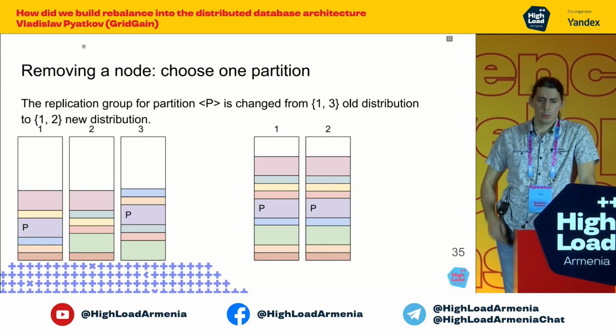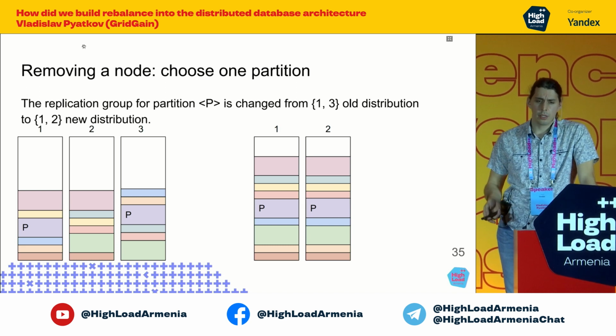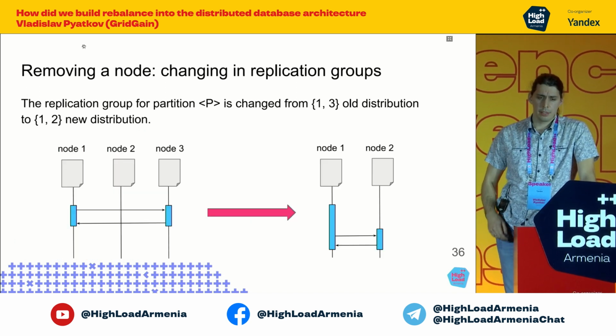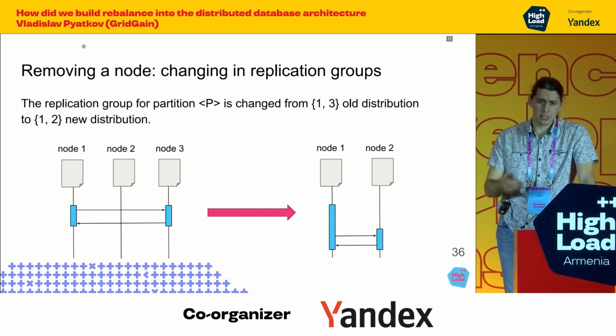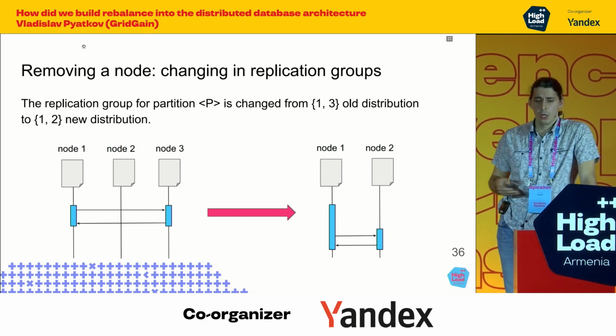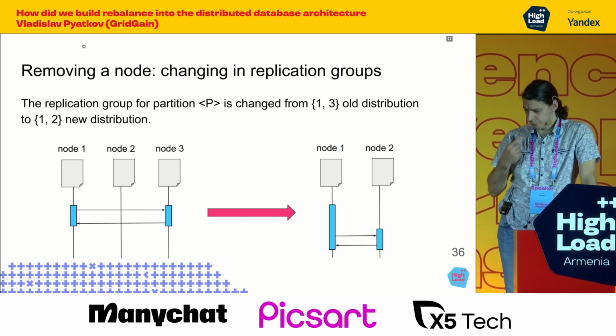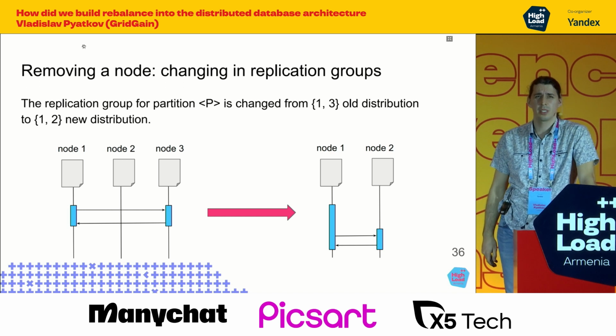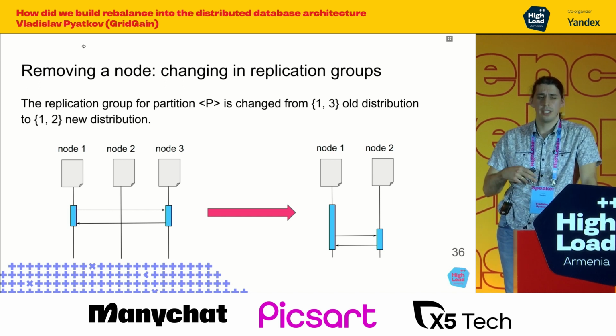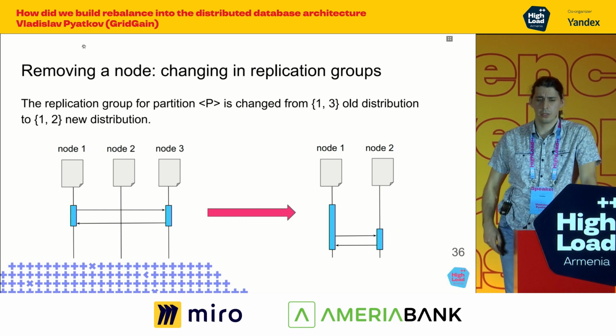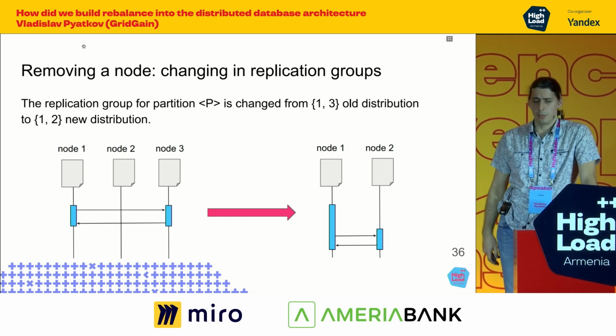In this case, we should create another replica on node 2, and then look at the replication scheme. We have replication communication between node 1 and node 2. In this case, of course, we use snapshot-based replication, because it is unlikely that node 1 has all the history needed to use replication based on log records.